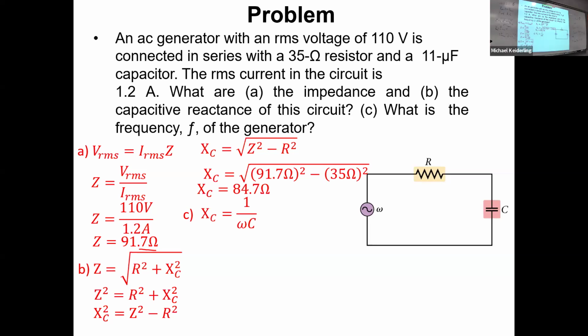Capacitive reactance is 1 over omega C, which is 1 over 2 pi times frequency times capacitance. So with a little flipping around, frequency is 1 over 2 pi times capacitance times capacitive reactance.